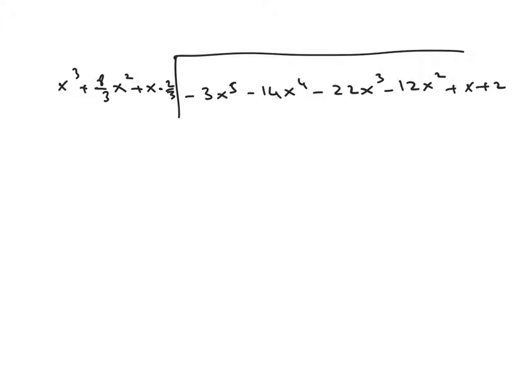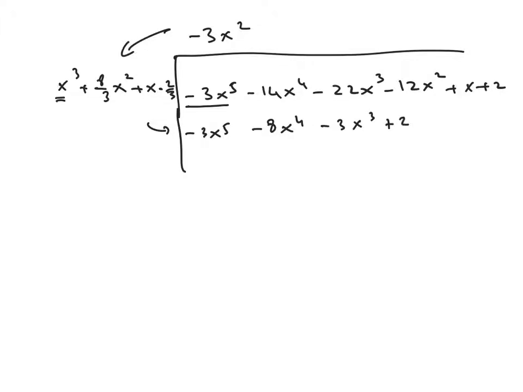And we start. So we have negative 3x^5, and this is x^3. We need here negative 3x^2. We multiply this by all these terms and we put them here. That gives minus 3x^5 minus 8x^4 minus 3x^3 plus 2x^2.